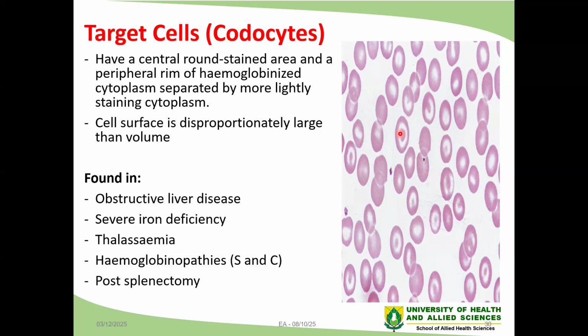However, when you stain, morphologically, this is how it looks. From an electron micrograph, you can see that this is a cell whose surface area is disproportionately larger than the volume of the cell, and that is why it appears as it is.